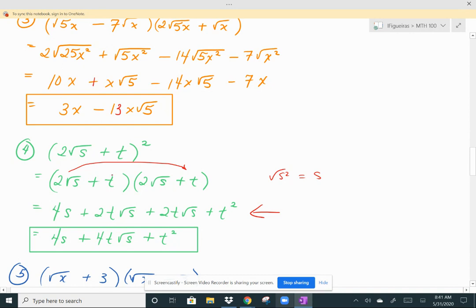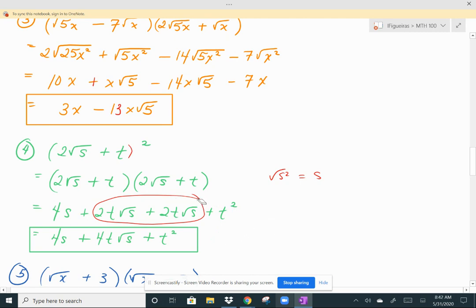Inner, those are the ones that are close to each other. That's also 2t root s. And then last, those are the ones at the end of each binomial, which are both t. So t times t gives me t squared. So that's, again, our third line. Middle terms combine. They're both the same. So your final answer is 4s plus 4t root s plus t squared.